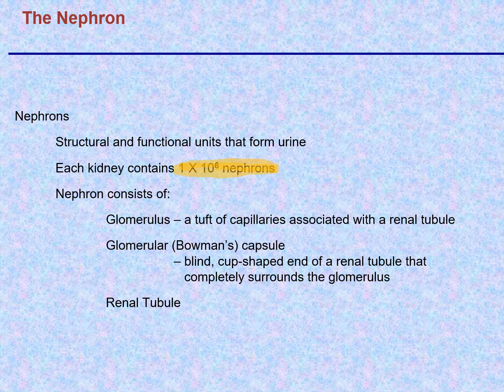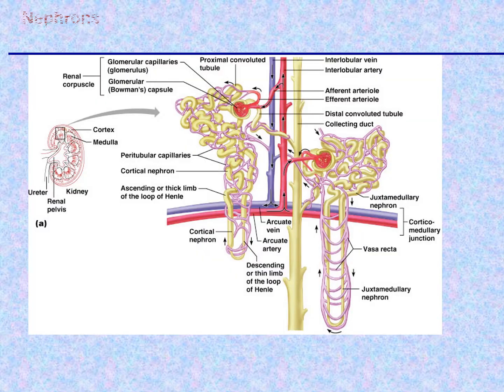A single nephron itself consists of the glomerulus, that capillary structure inside a glomerular capsule or Bowman's capsule, and also the renal tubules. The structure is shown here. There are actually two types of nephrons, cortical nephrons.